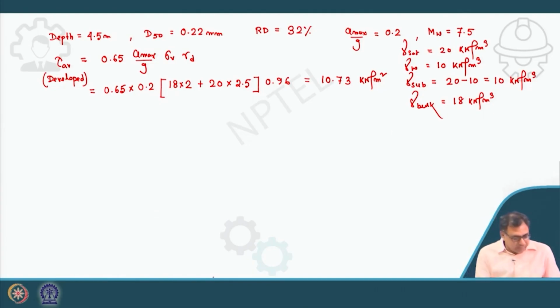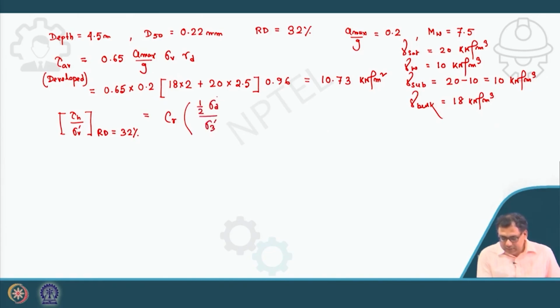So now I will calculate the shear stress required to cause the liquefaction. Tau H by sigma V dash, and for this the relative density is equal to 32%. So that is equal to your triaxial data I will use here, half sigma D by sigma 3 dash.